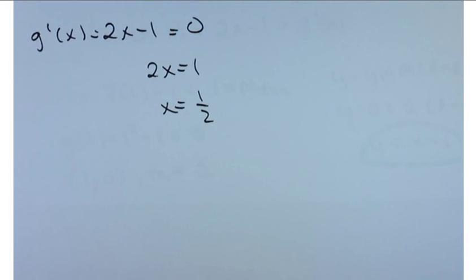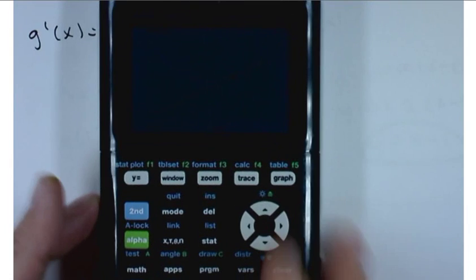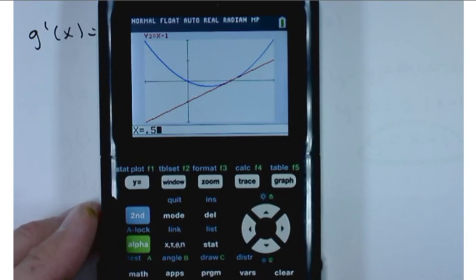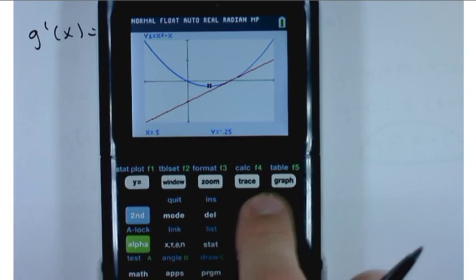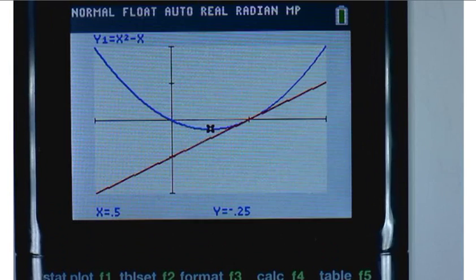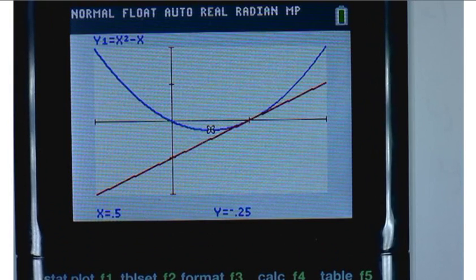And at x equals 1/2, you should have a horizontal tangent line. In fact, if we trace here at 0.5, wrong function. There we go. 0.5 looks like the point where that parabola kind of turns around and starts going up.